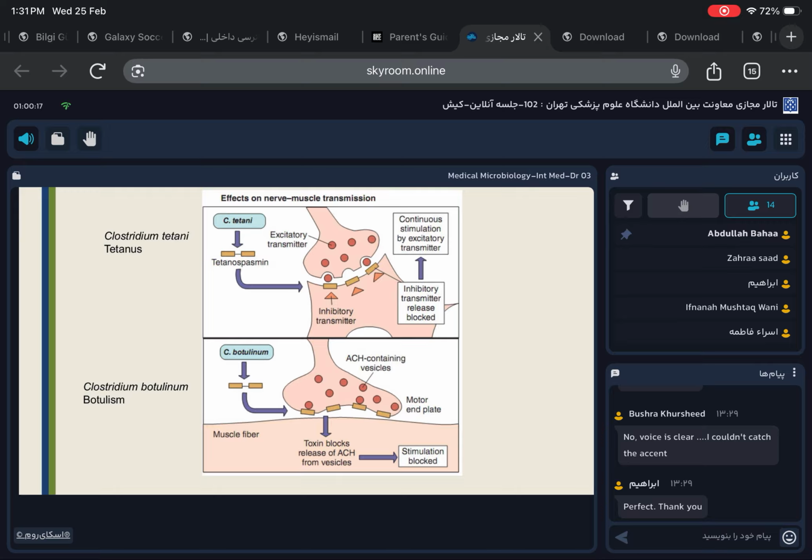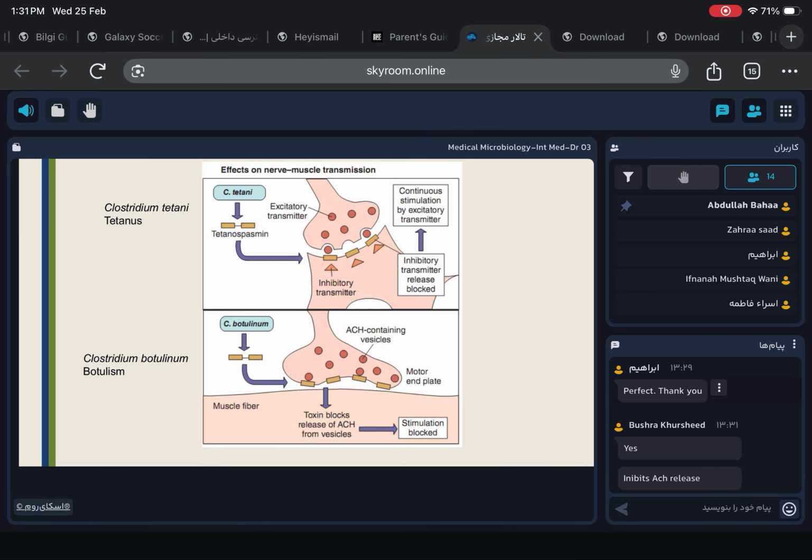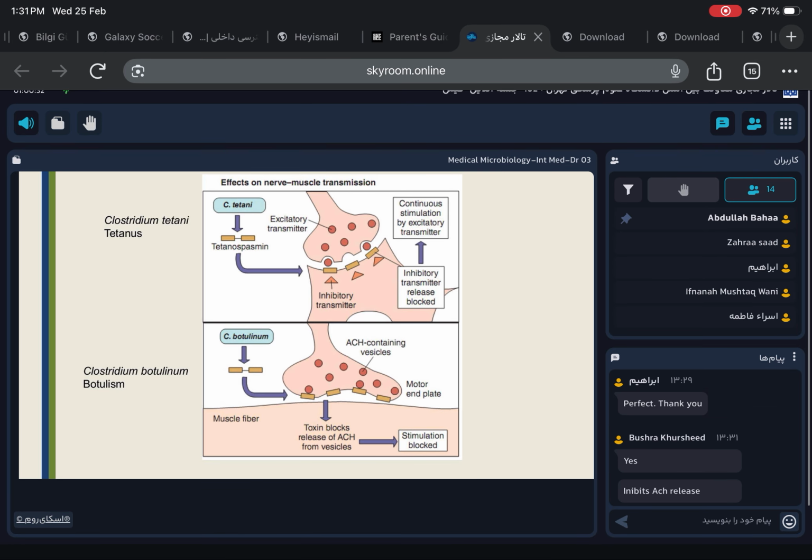What do you know about this bacterium, Clostridium botulinum? Inhibits acetylcholine release. Okay.